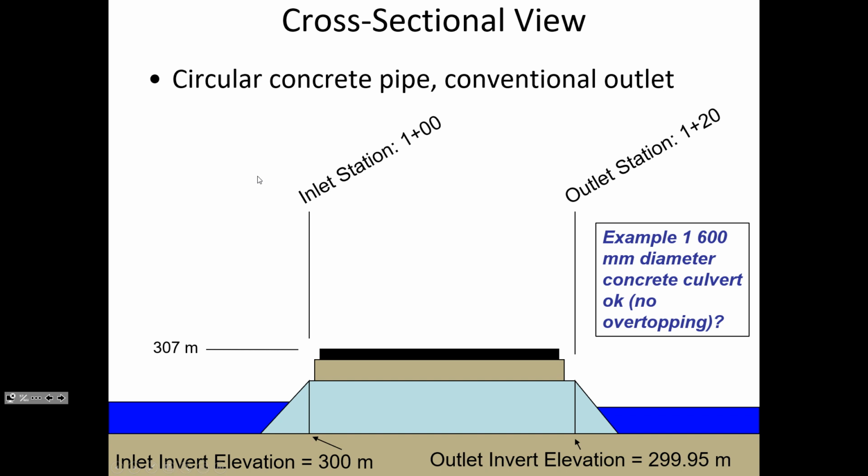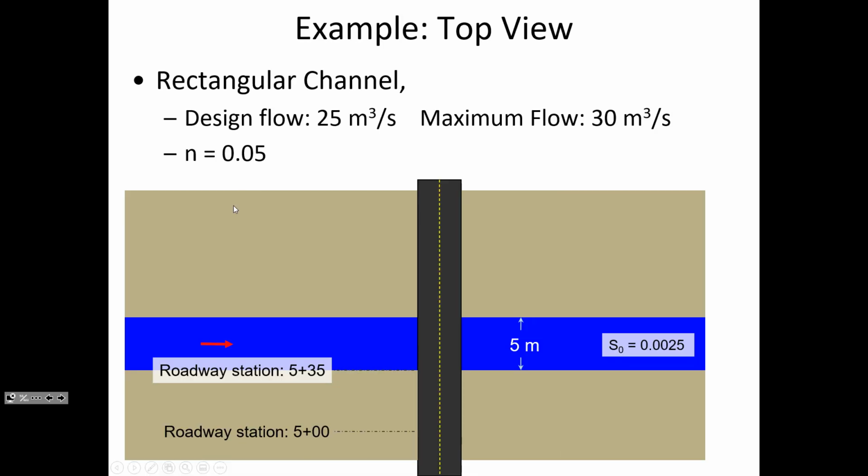And what I mean by that is, I guess I don't have a front view. Let me do a front view here on the whiteboard. All right, so we're going to have a pipe, and here's the road that's going over the top.